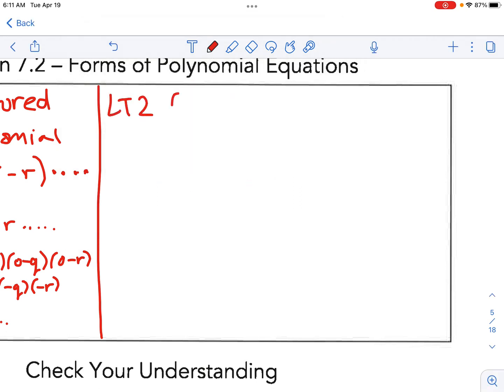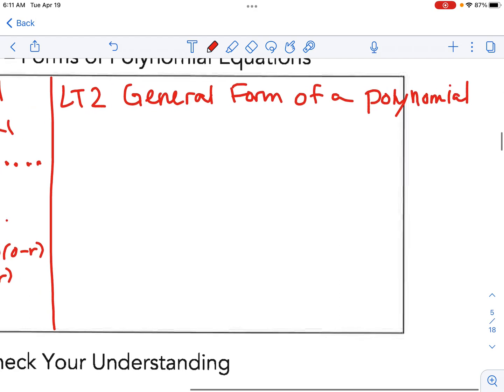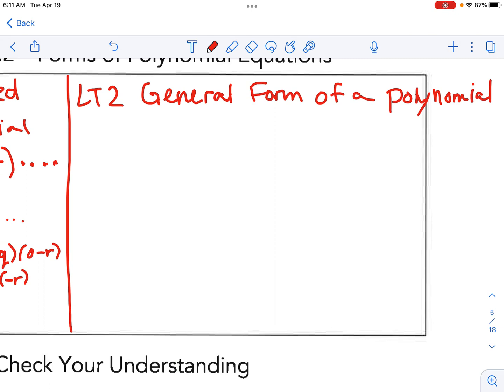The second learning target is the general form of a polynomial. I need a little more space. There we go.